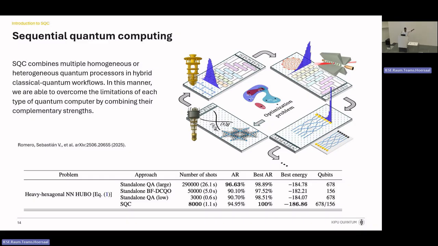Instead of throwing away this result, use it as a warm start for bias-field DCQ, run it on IBM hardware, and introduce counter-diabatic terms, which gives you non-stochasticity. We noticed that a clever combination of quantum hardwares can give you results that cannot be achieved with standalone quantum hardware.